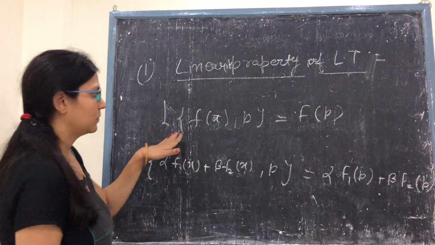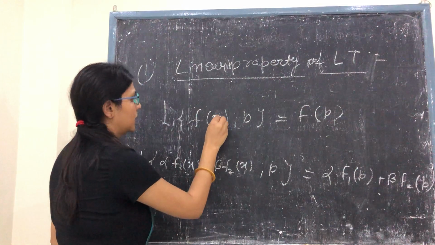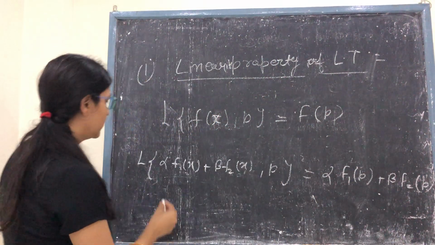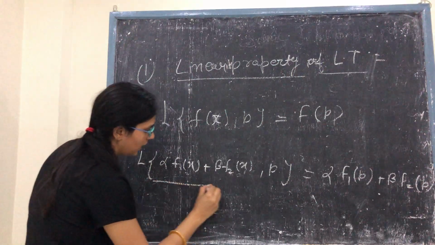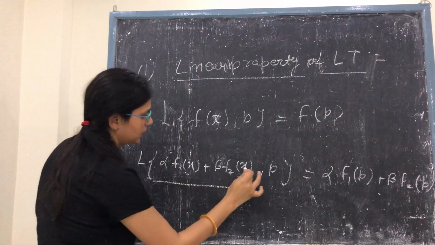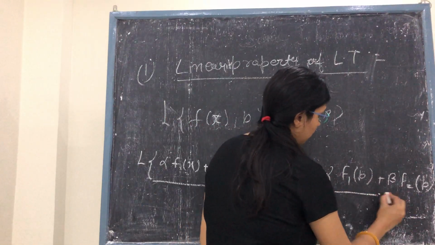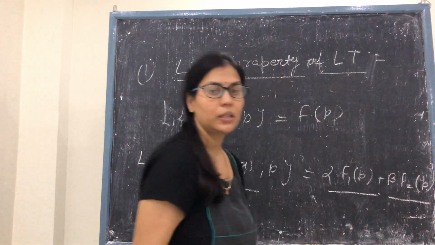Since we know the Laplace transformation of a function of x is f of p, the linearity property says the Laplace transformation of alpha f1x plus beta f2x can be written as alpha f1p plus beta f2p.